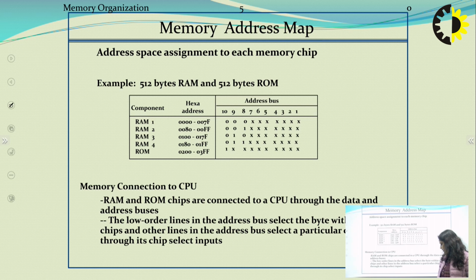As we know that the instruction which will be sent by the CPU will be of 16 bits, and out of the 16 bits, 1 to 7 will be reserved for addressing our RAM chips, then 1 to 9 will be reserved for addressing our ROM chip, and the rest, from 11 to 16, will not be of any use, and the 10th bit will decide whether the selection will be among the RAM and ROM chip. So how can that be possible, how can this table be obtained from that? Let us understand this thing.